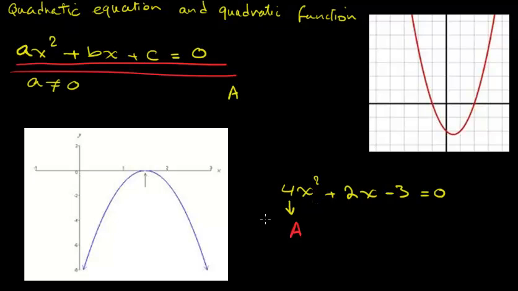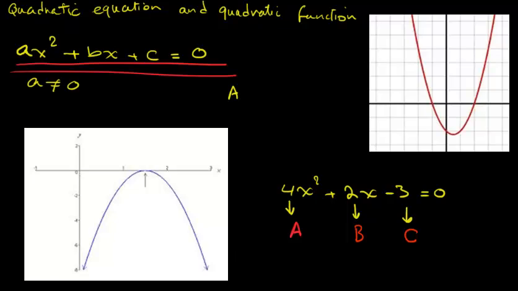And then we have b, that is the number in front of the x term, so we have b, that is always written in front of x, and then we have our c, or constant, that we are familiar with. In this case, our c is minus 3, our b is 2, and our a is 4.